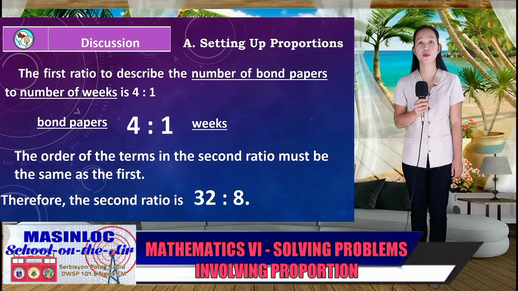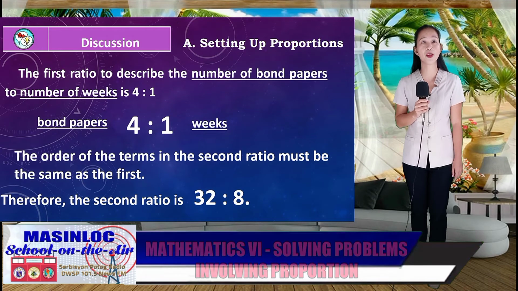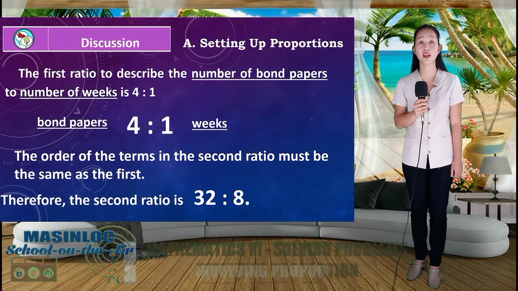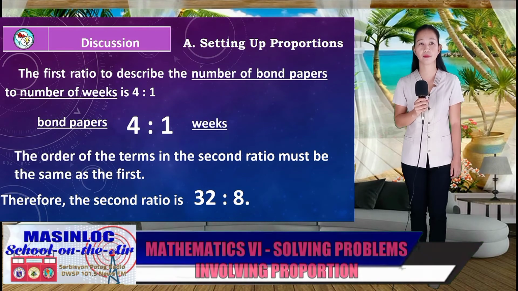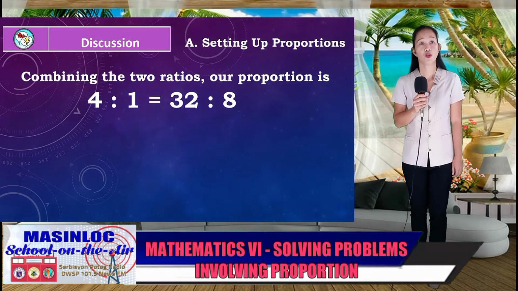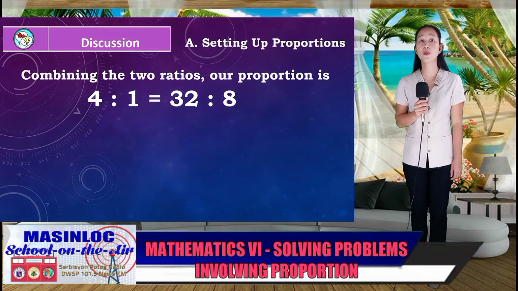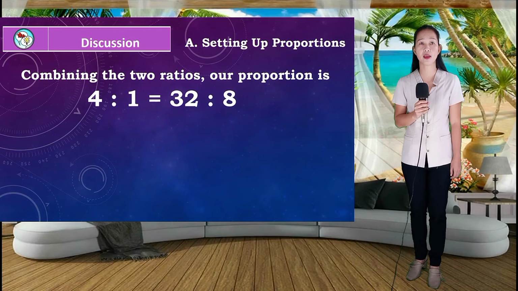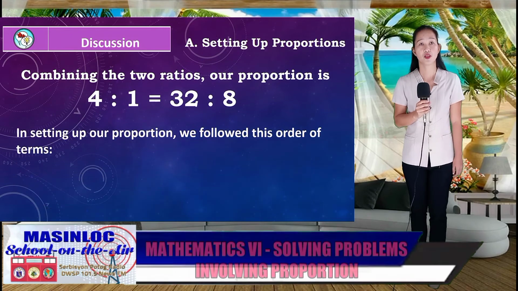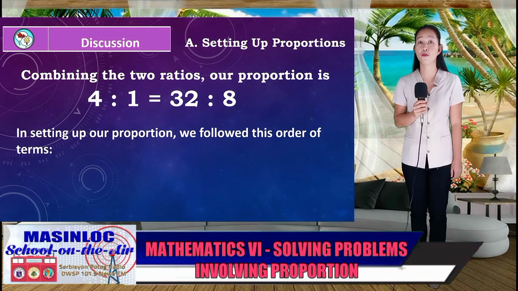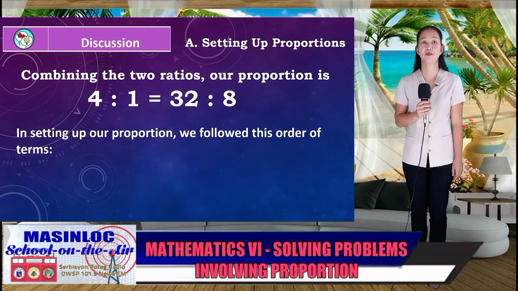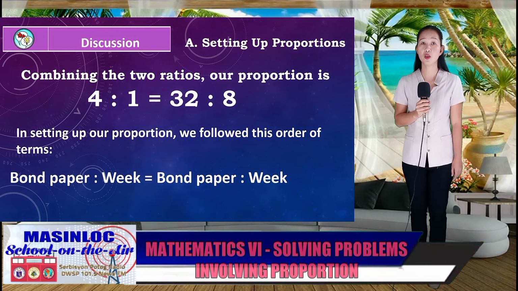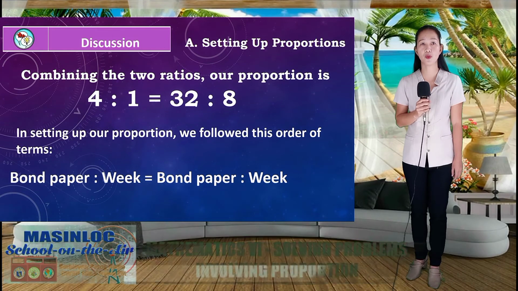The order of the terms in the second ratio must be the same as the first. Therefore, the second ratio is 32:8. Combining the two ratios, our proportion is 4:1 equals 32:8. In setting up our proportion, we follow this order of terms: bond paper is to week equals bond paper is to week.